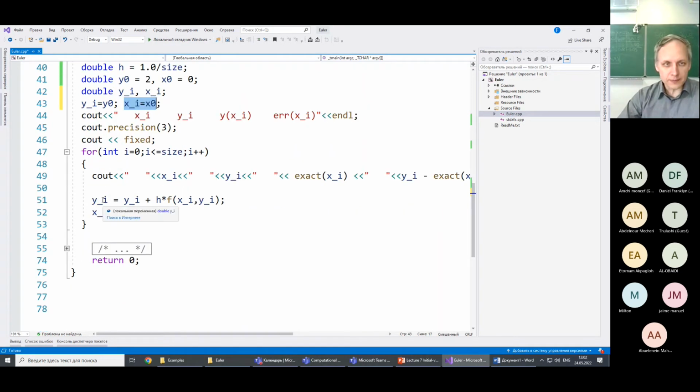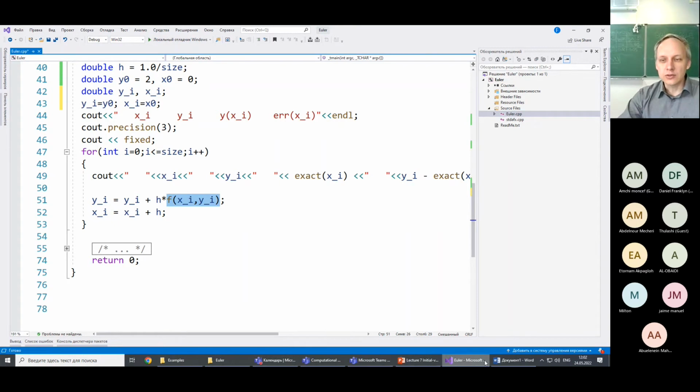And in this loop, I compute the new value of x as the current value plus h, and the new value of y as the current value plus h times f of xi, yi.